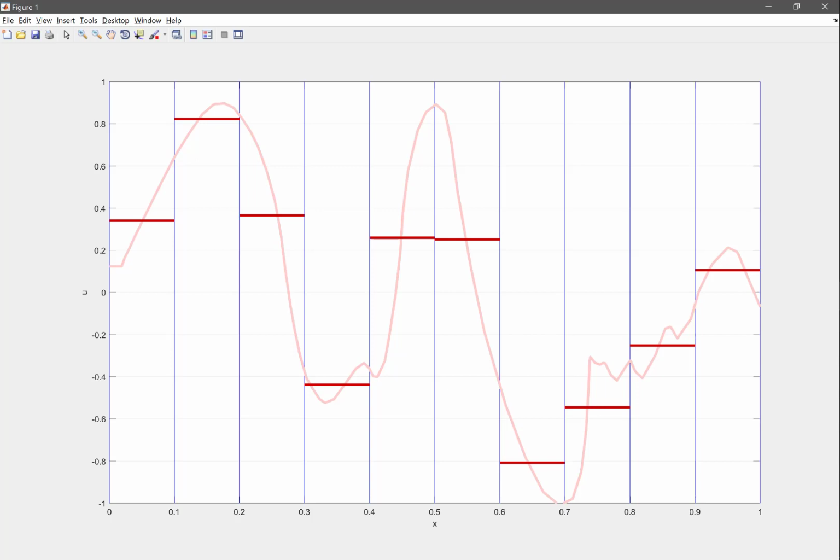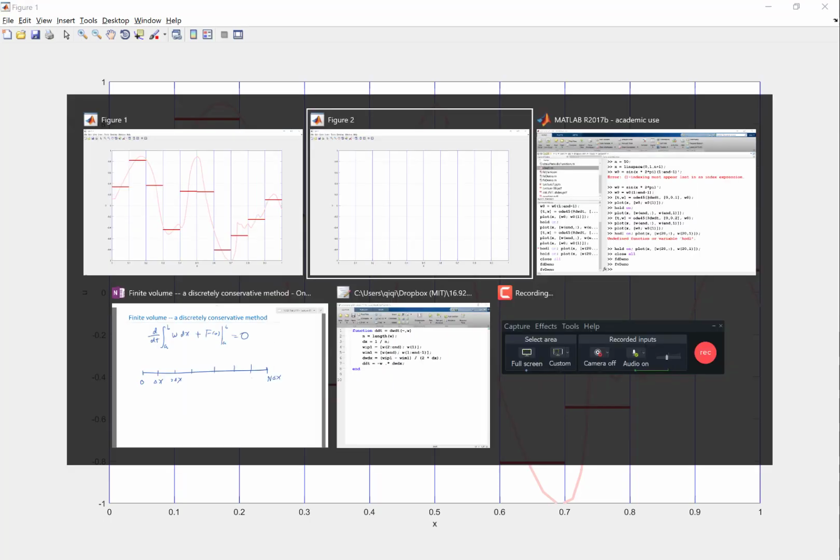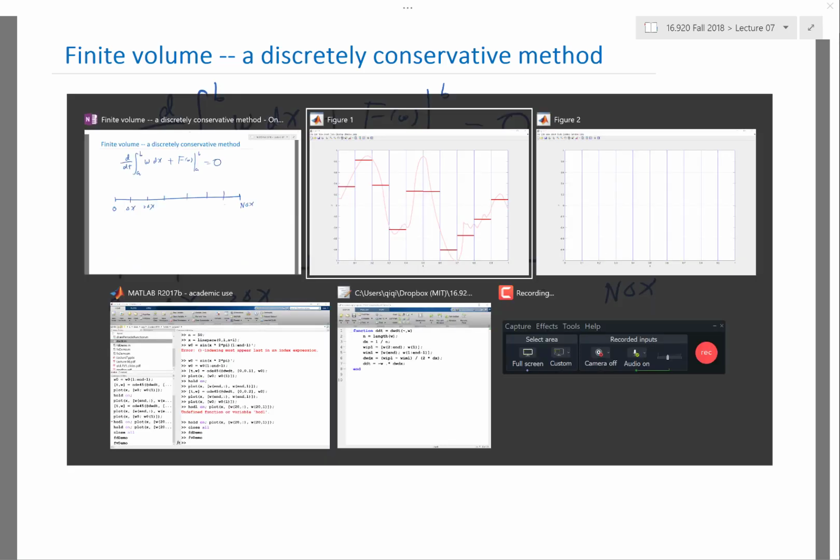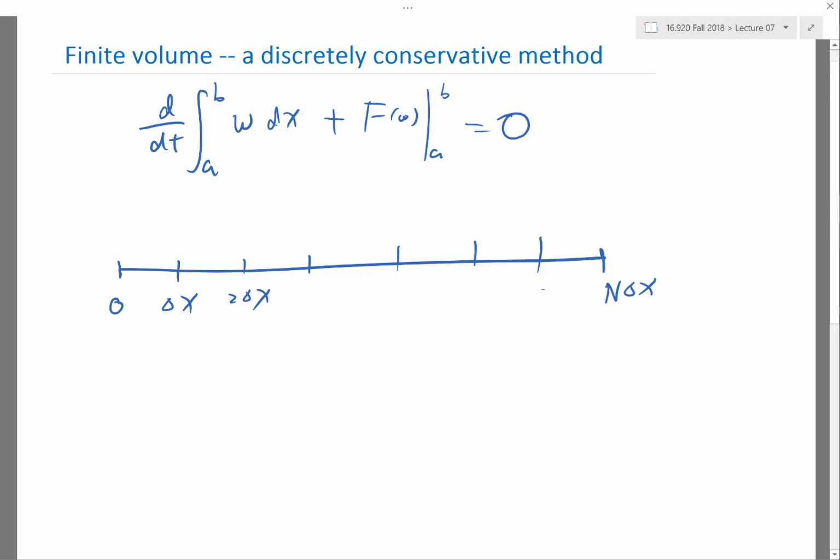Okay, what am I getting? Can somebody tell me what I'm getting? The average of the function over the cells. And why does it help for the integral form of the differential equation? How does the average of the function relate to the integral form of the equation?